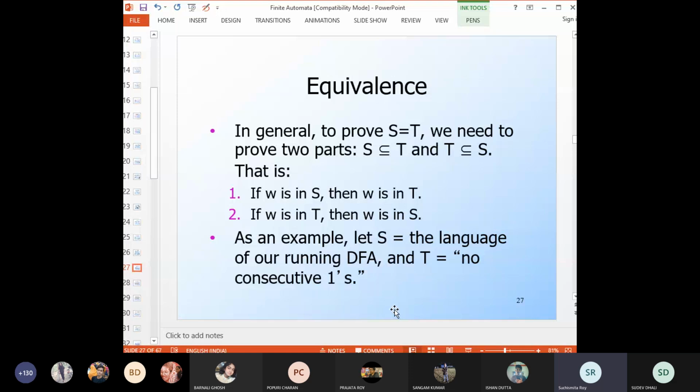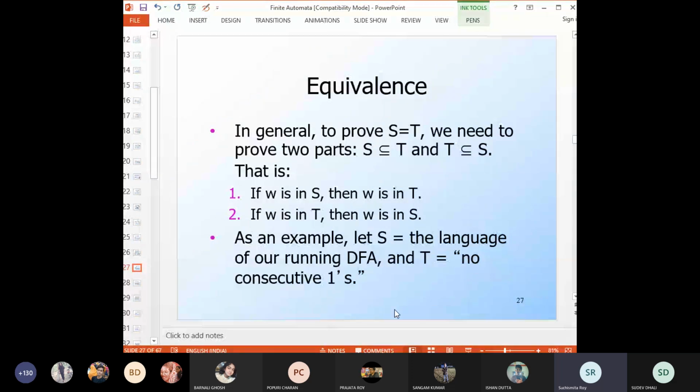What does it mean when we say that 2 different DFAs do the same thing? They are accepting the same language, which means that every string accepted by one finite automata will also be accepted by the other, and there will be no string which is accepted by one and rejected by the other.